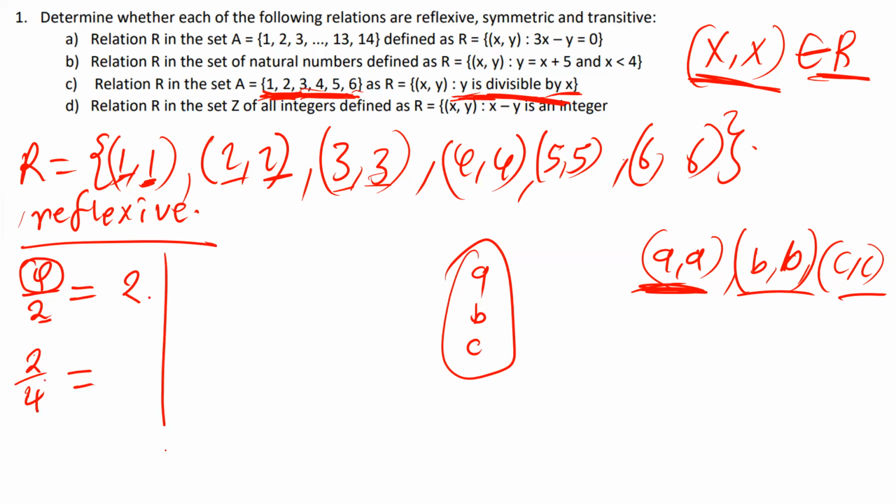And as a result, we conclude that the given relation is not symmetric, because in the solution set of this relation, we have 2 comma 4, but we do not have 4 comma 2.